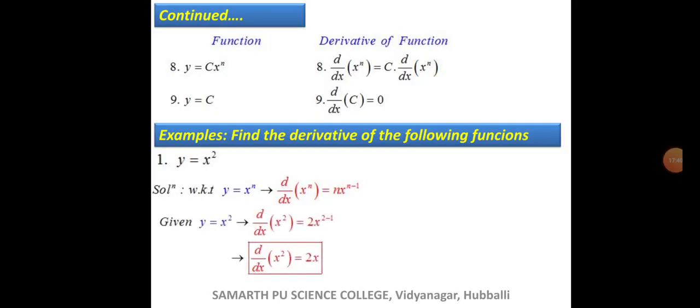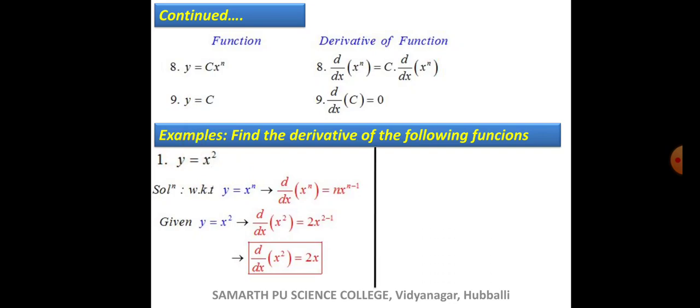Comparing these two, given is y equal to x square, so n equal to 2. Then d by dx of x square equal to 2 into x to the power 2 minus 1, that is 2x. So the derivative of x square is 2x.